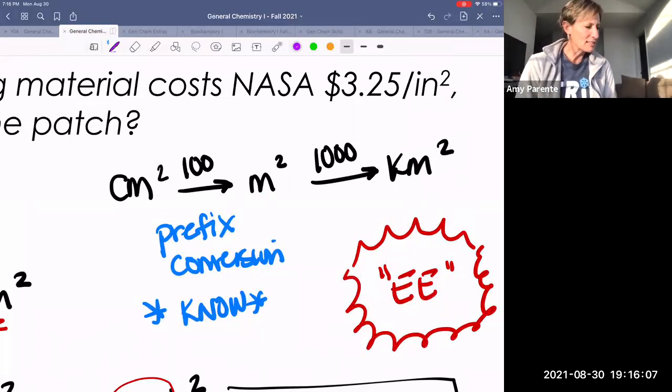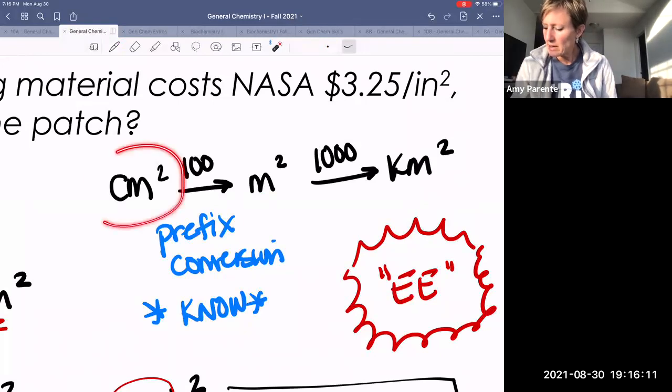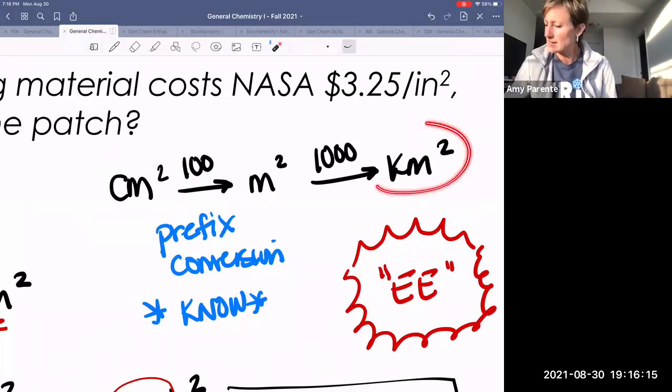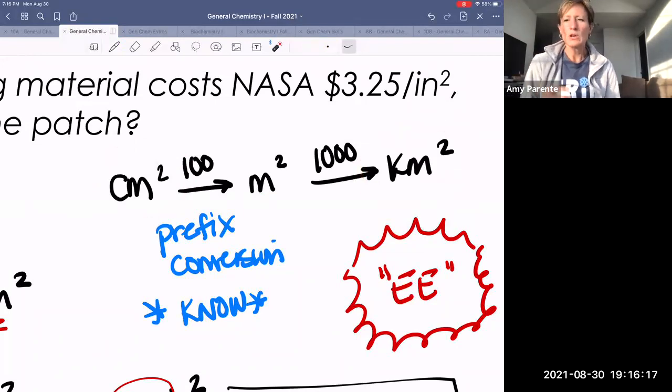This problem gave us the area of that patch in square centimeters, and I want to get to square kilometers. Especially if you're getting confused early on, what I want you to do is write a roadmap. Roadmaps will get you partial credit on exams if they are the correct roadmap.